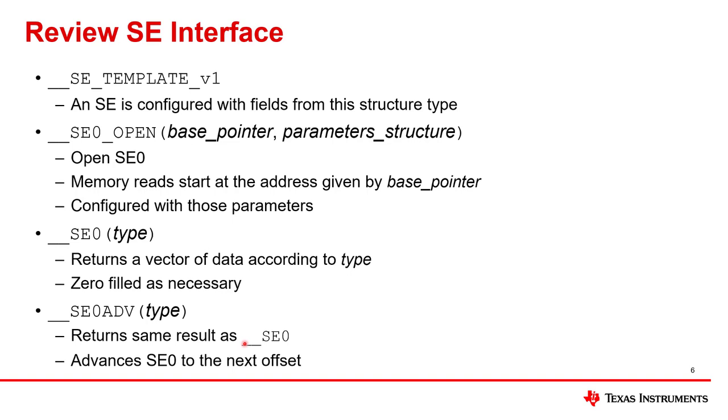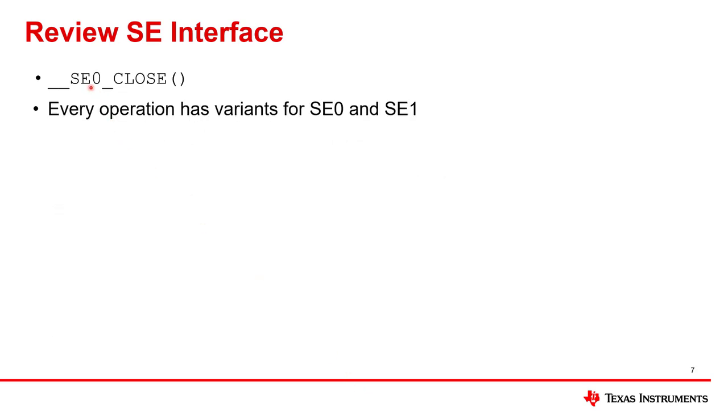It returns the same result. It also advances SE0 to the next offset. SE0 close, it's very clear what that does. Every operation, such as SE0 close, has variants for SE0 and SE1. So there is, for instance, a function named SE1 close.